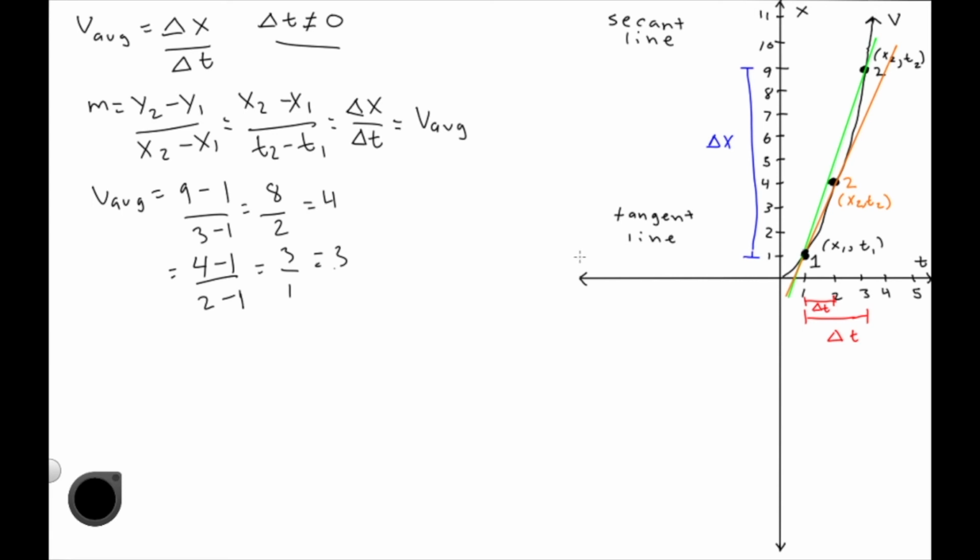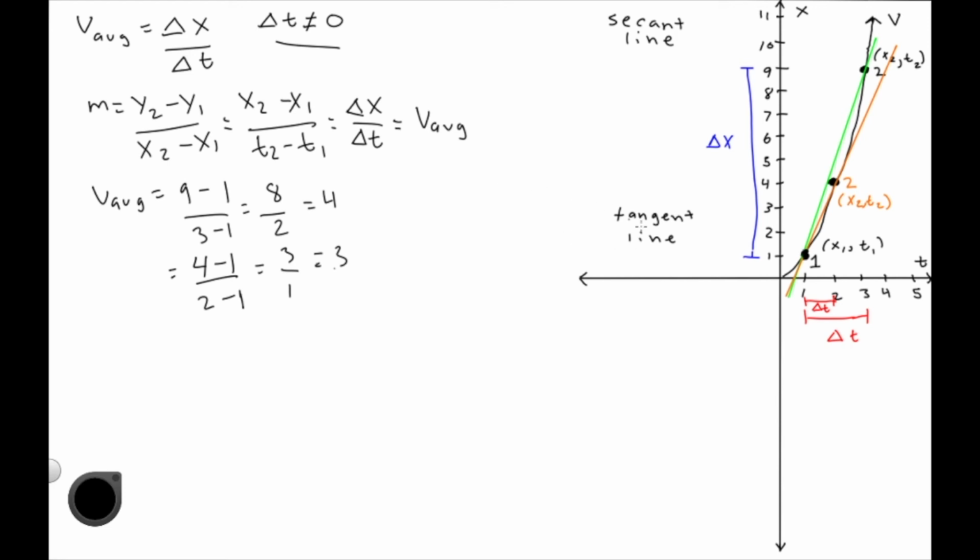And the tangent line is just a straight line that just touches the curve at a point, right? In this case, point 1. And so therefore the slope of this new line, the tangent line, is going to be the instantaneous velocity, right?